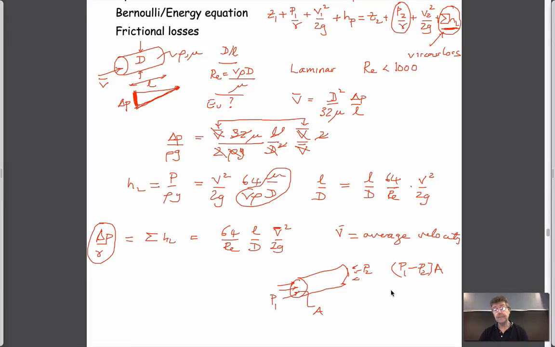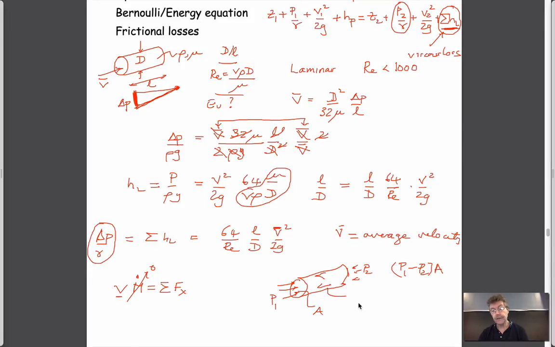And so if we write our momentum equation as velocity times mass flow rate has to equal the sum of the forces in x, there is no change in velocity as you go. So mass in equals mass out, so this term would be 0. And so if you sum forces, the only force acting against this is going to be this.